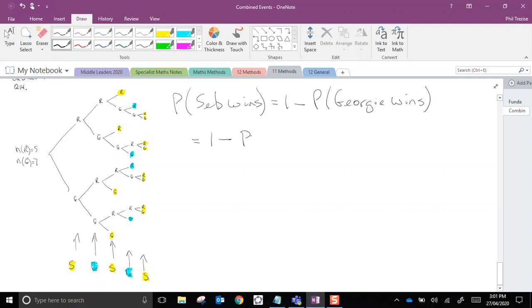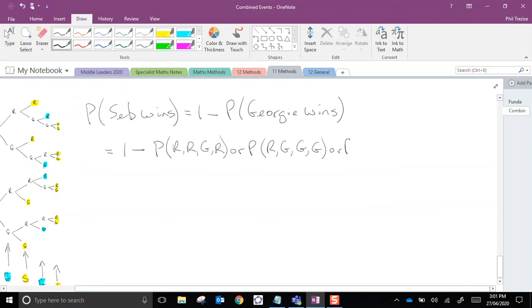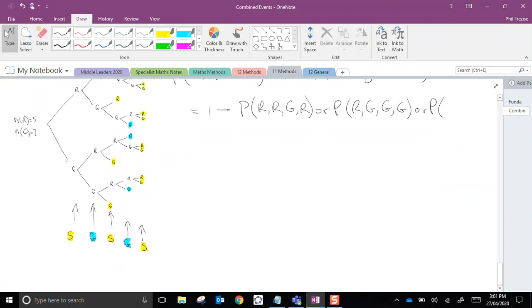So let's see, how's the first way that Georgie wins? Red, red, green, red. Or we could have red, green, green, green. Or we could have green, red, red, red.